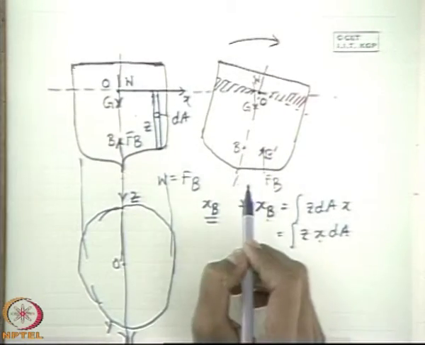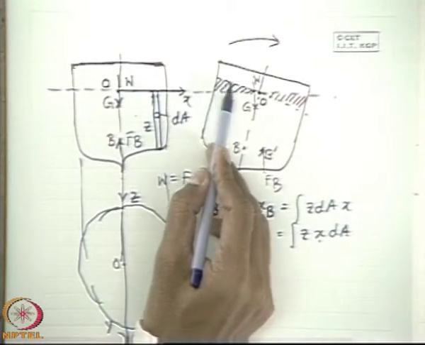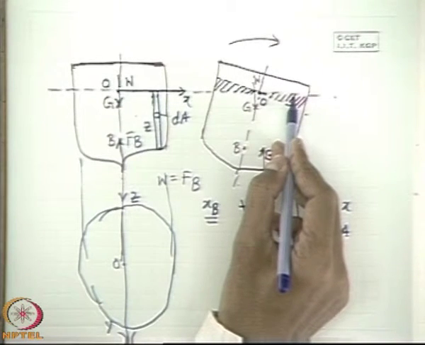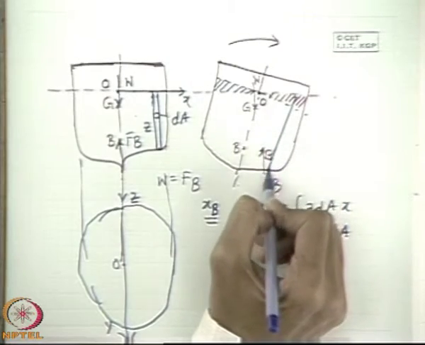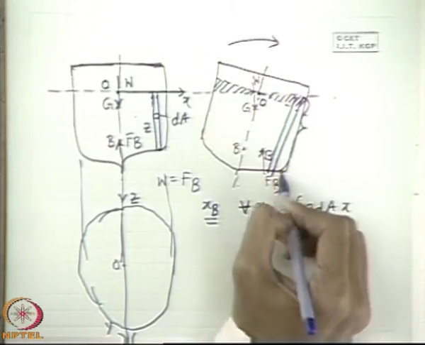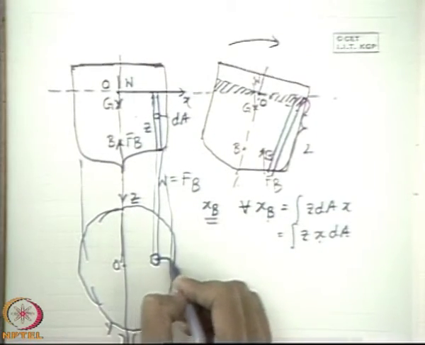Now in this case what we can do, the axes are defined from this, so therefore Z and X will be like that. Here this is immersed, so if we take a prismatic volume like this, what is its height? So this dA we can show it here, this is the dA.